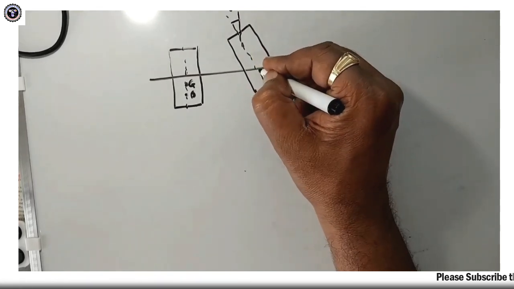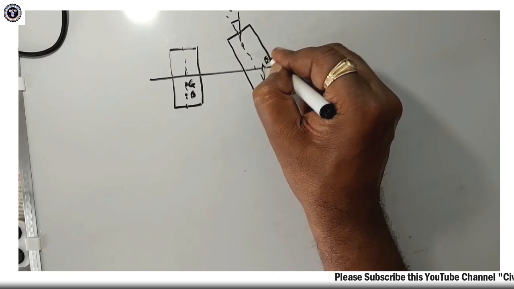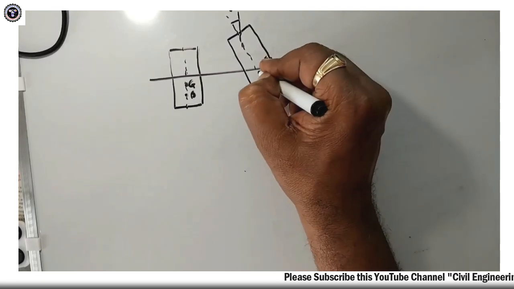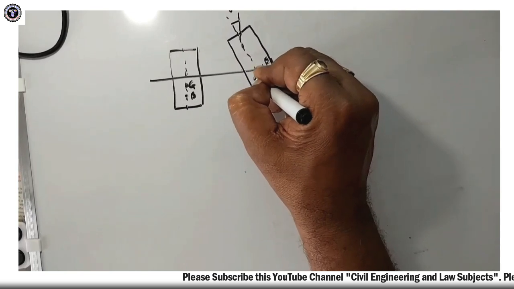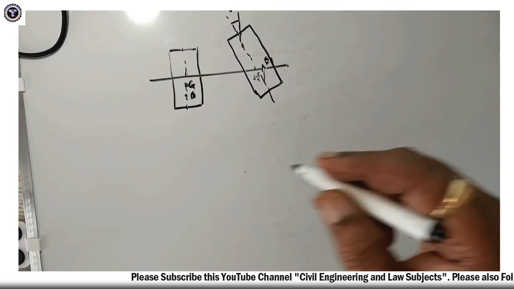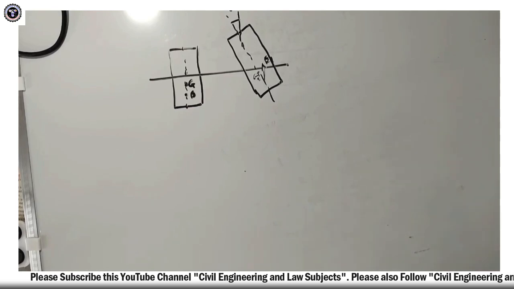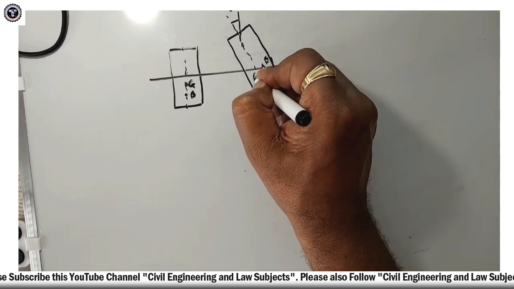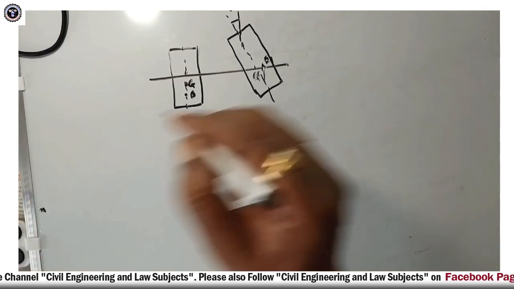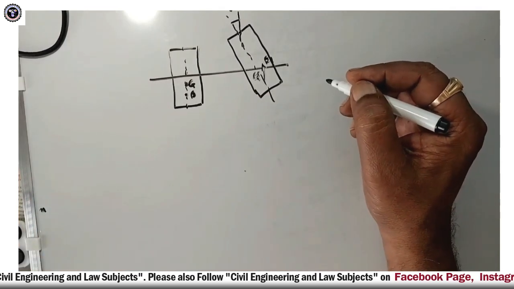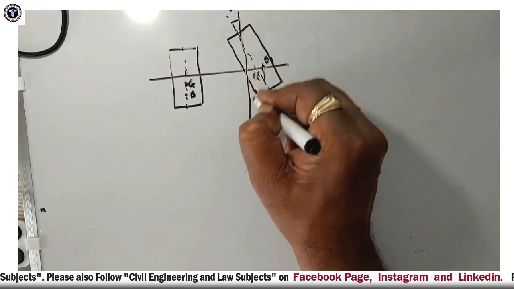B shifts to B1, and this is G, and this is GM sin theta.